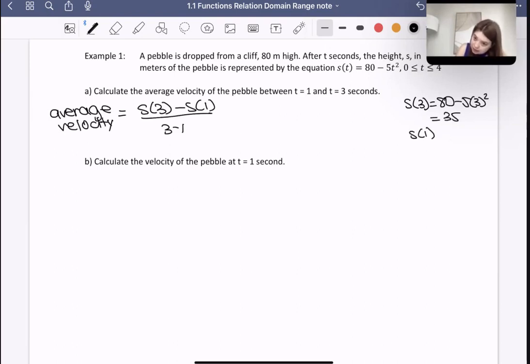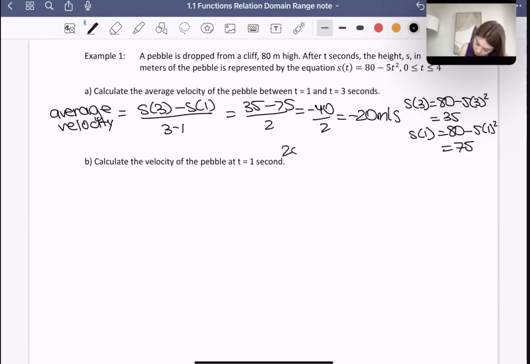And then s of 1 is 80 minus 5 times 1 squared, which is 75. So that is going to be 35 minus 75 over 2, which is going to be negative 40 over 2, which is going to be negative 20 meters per second, or 20 meters per second down is going to be our answer.